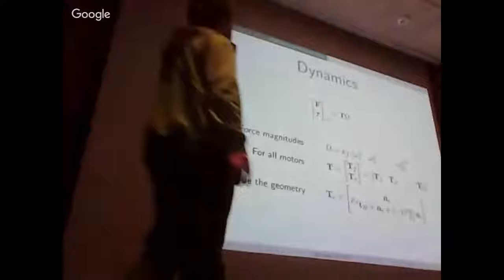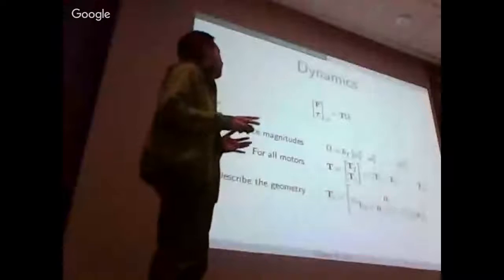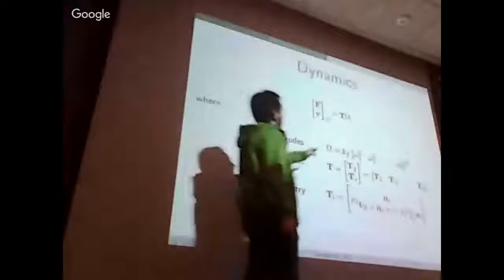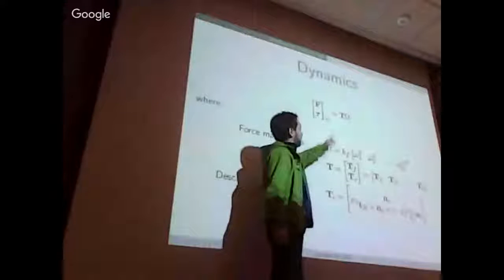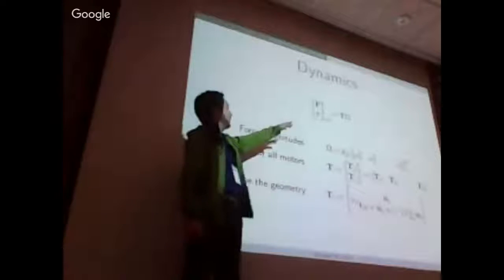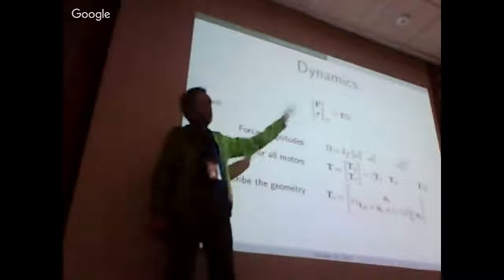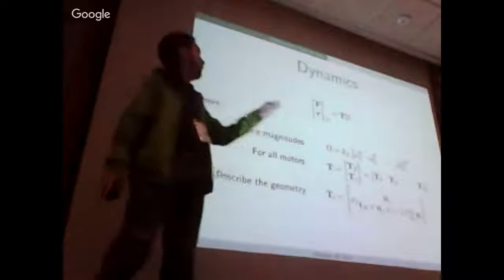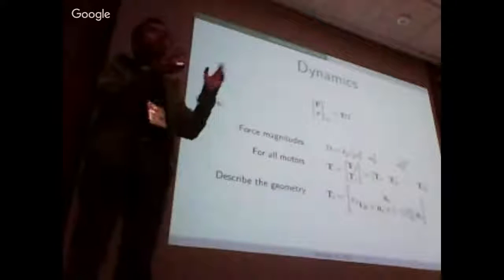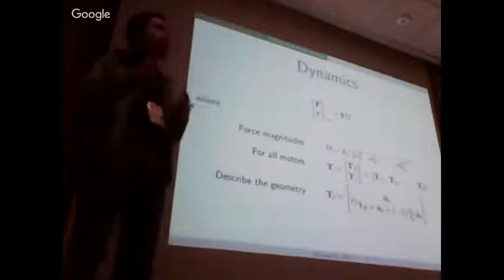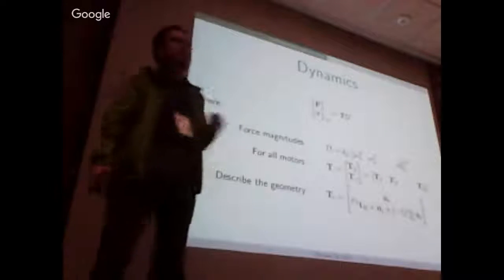So here is a very simple model to see how the vehicle performs. First, we have the vector given by the angular velocities of each propeller, of each motor. Then the transition matrix, and from the product of the two, we get a vector with the force and torque exerted around the center of mass of the vehicle.